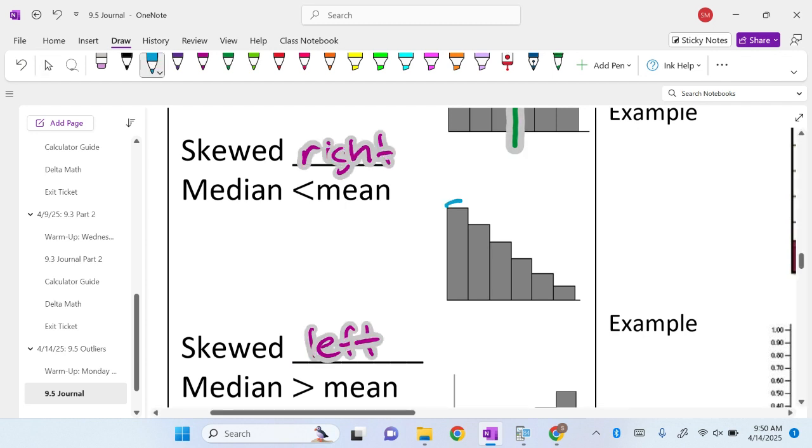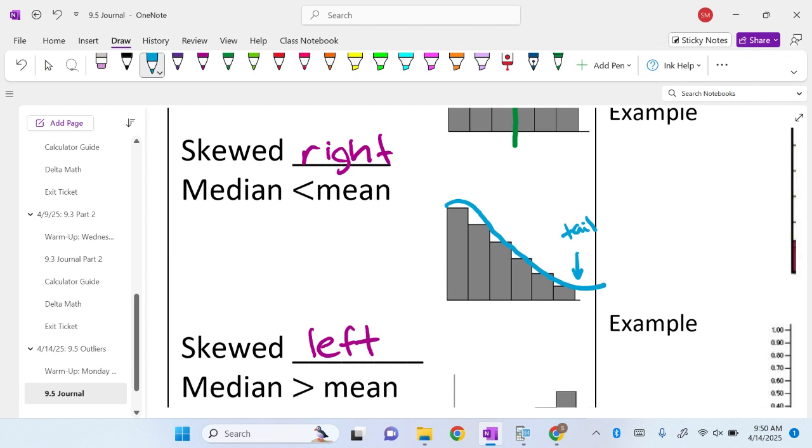So for skewed right, if I was to draw the curve, my tail would be right here in the curve. The tail is on the right side. So since the tail is on the right, we say that it's skewed right.